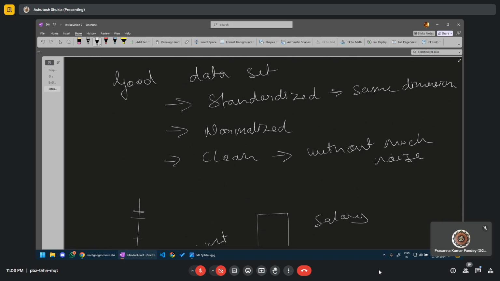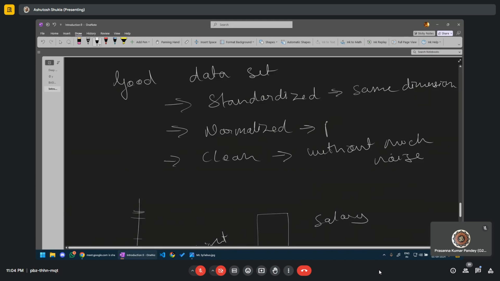There is no other thing that can make a data set better or worse than these things. Normalization, by the way, increases the processing speed, so I'll write that down.